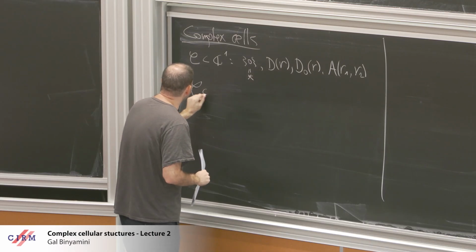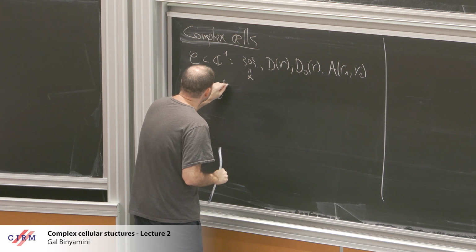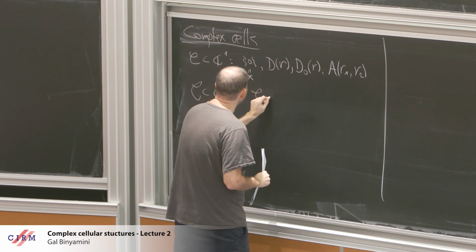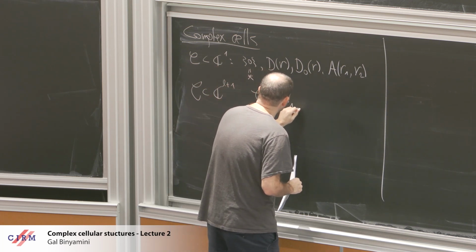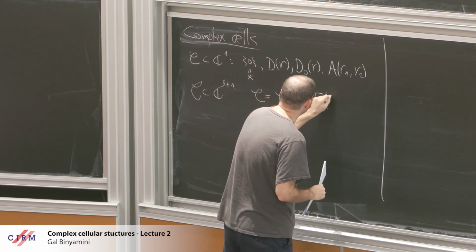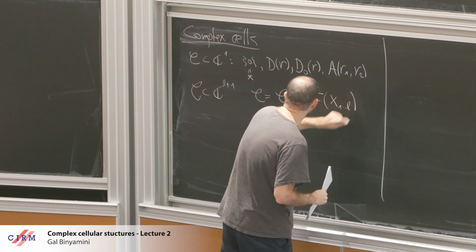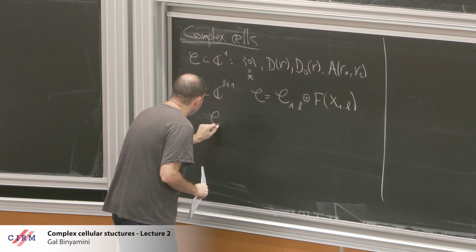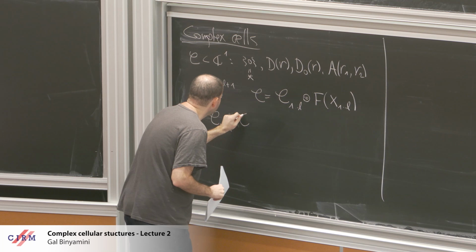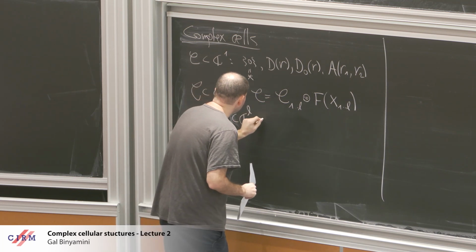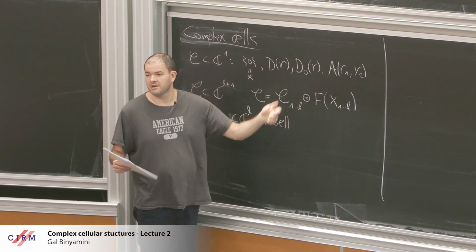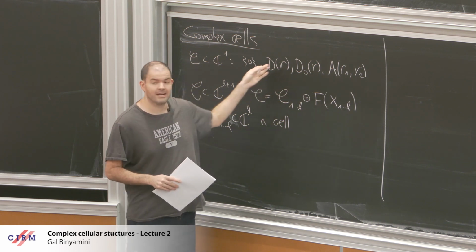If I have a cell in C^{L+1}, I'm just going to define this to be something of the form: C should be a base cell, (1 up to L), O dot some fiber, evaluated at (X1 up to XL), where this C(1 up to L) is a subvariety of C^L, is a cell. So again, by induction.